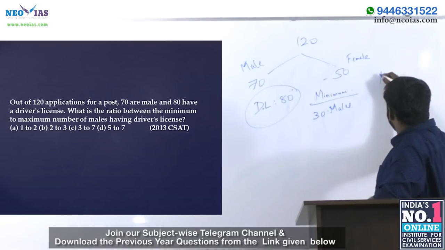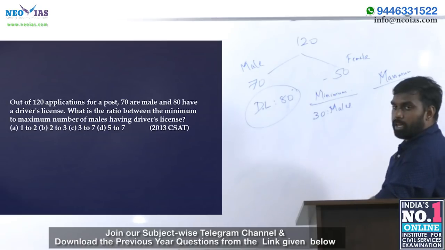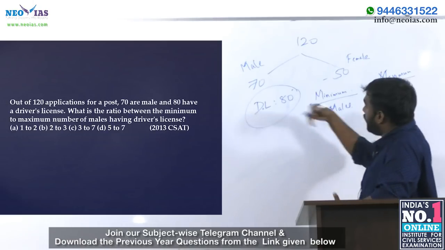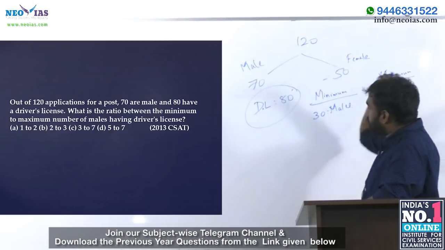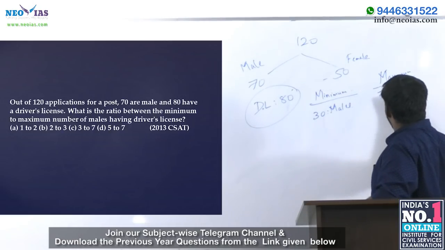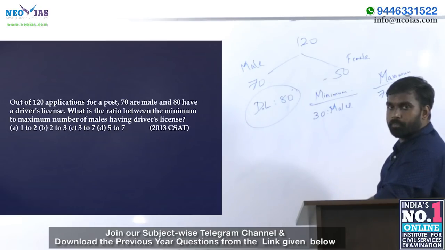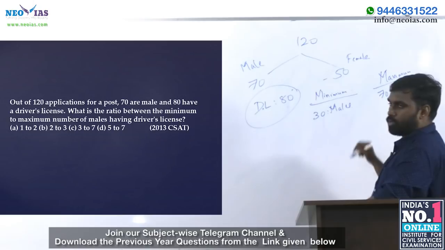In the maximum case, what will we assume? All the males are having driving license. If all the males are having driving license, all those 70 will be having driving license, right. So this is the concept of the question.